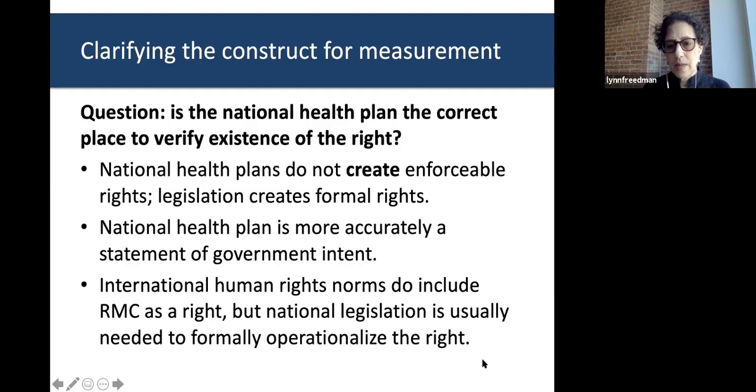Now, it's true that many countries have adhered to human rights documents and treaties, and at this point, human rights norms have been interpreted to include RMC as a right. But national legislation is usually needed to formalize the operation of the right in law. So in short, a statement in a national health plan does not actually verify the existence of the right in law, of an enforceable formal right.